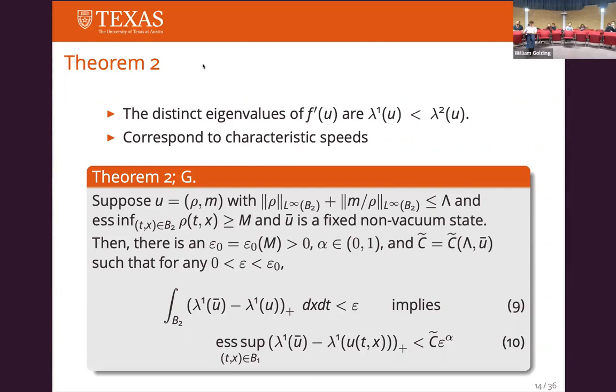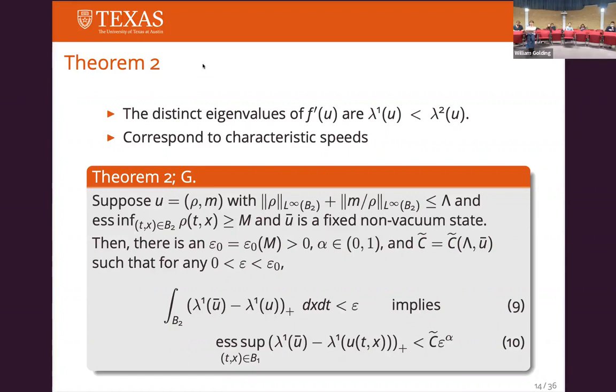If I take a derivative and then look at the eigenvalues, these are going to be lambda 1 and lambda 2, and these are sort of the characteristic speeds in the fluid. And the second result is a regularity result for these characteristic fields of an arbitrary weak solution.